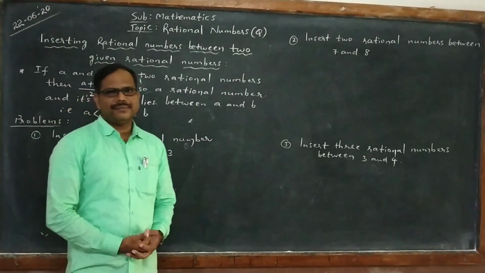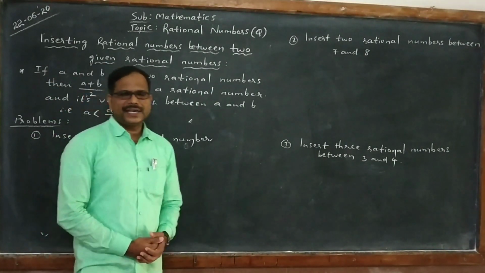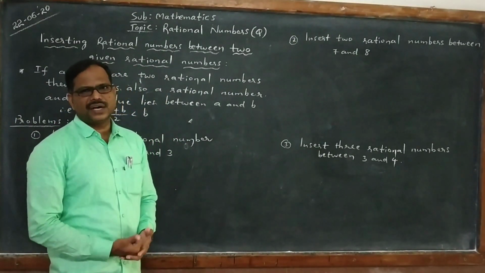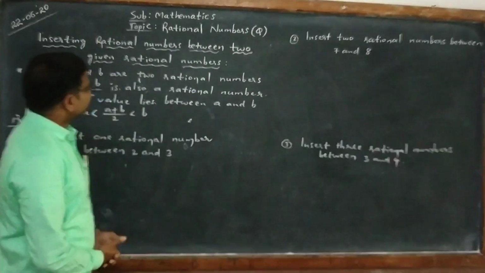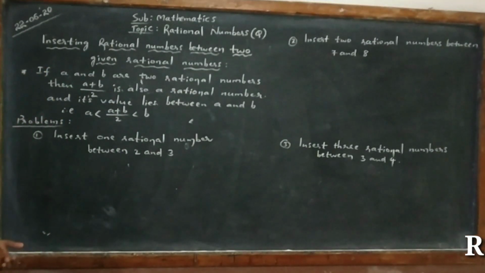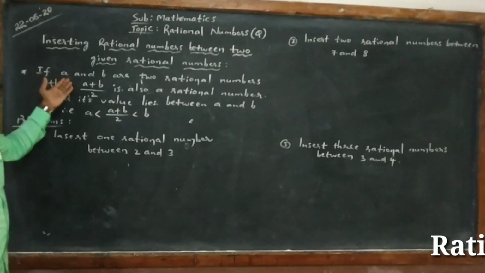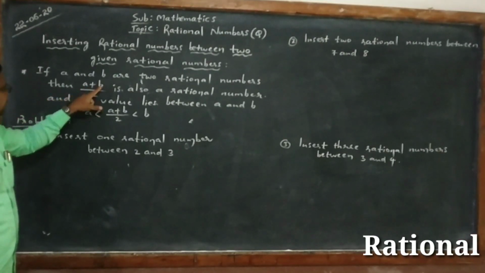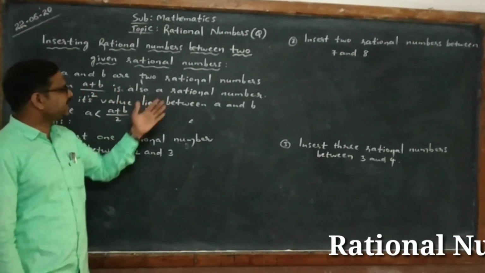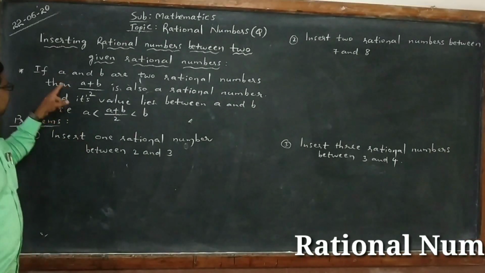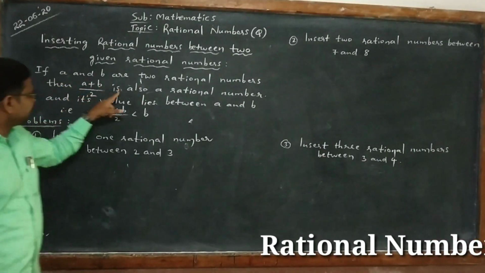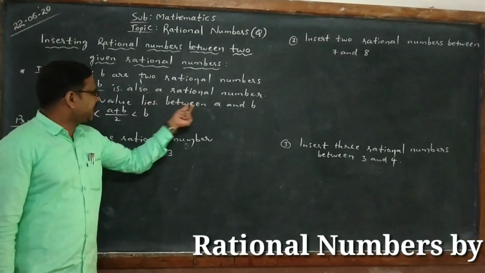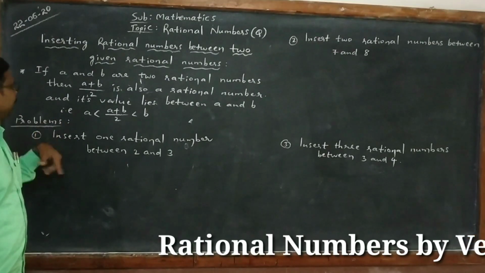Numbers which can be written in the form of p by q or a by b, where p and q are integers and q not equal to 0, is called a rational number. Now, if a and b are two rational numbers, then (a plus b) by 2, the average of the two given rational numbers, is also a rational number, and its value lies between a and b.